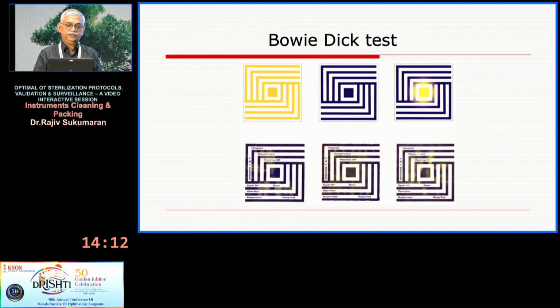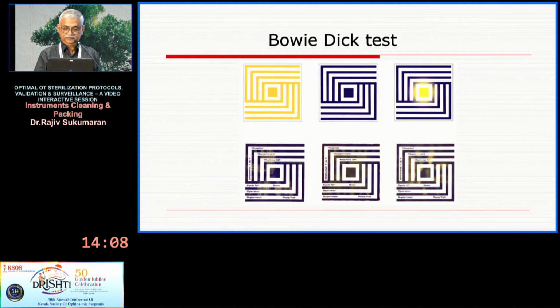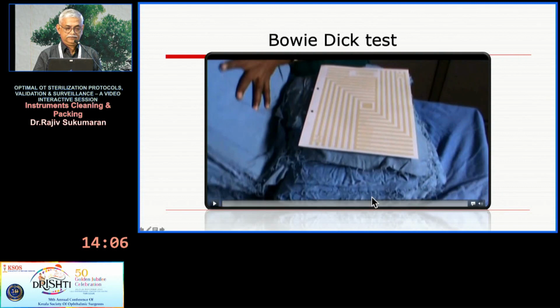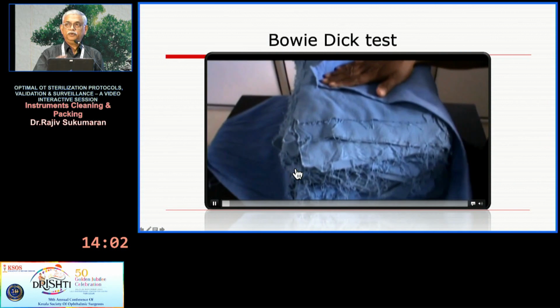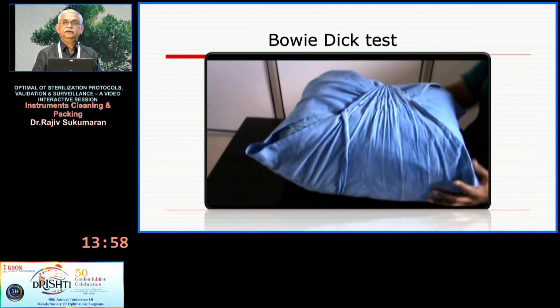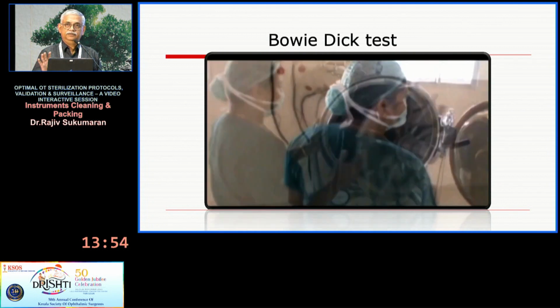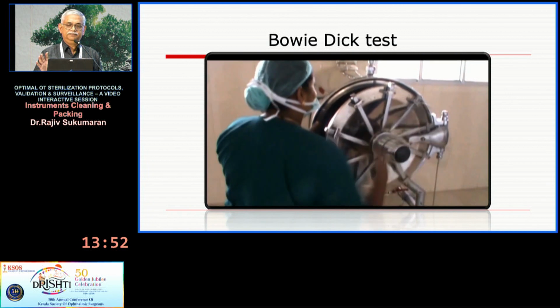Class 2 is Bowie-Dick. How Bowie-Dick is done is, the Bowie-Dick sheet is kept between sheets like this, packed like that, and run in an empty load. No other load should be there, only these packs should be done.